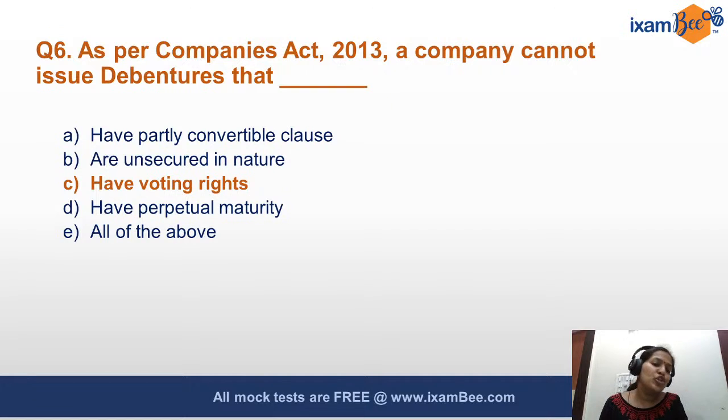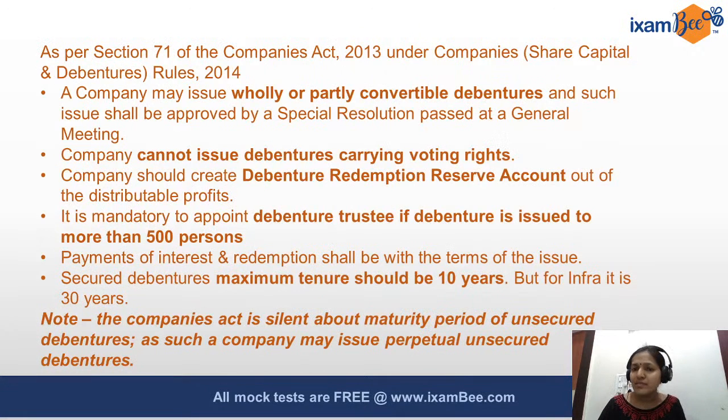Okay, I can agree why the confusion has come from point D, having perpetual maturity, because as per the Companies Act rules in relation to debentures, a company may issue wholly or partly convertible debentures.